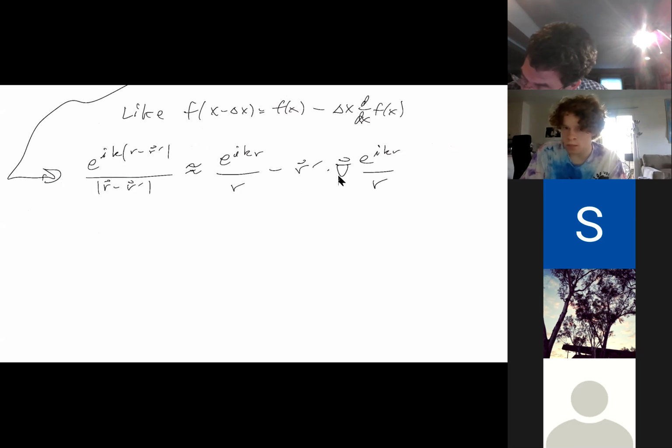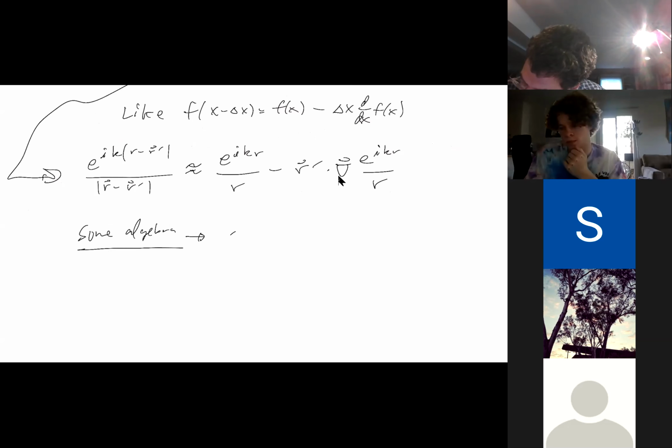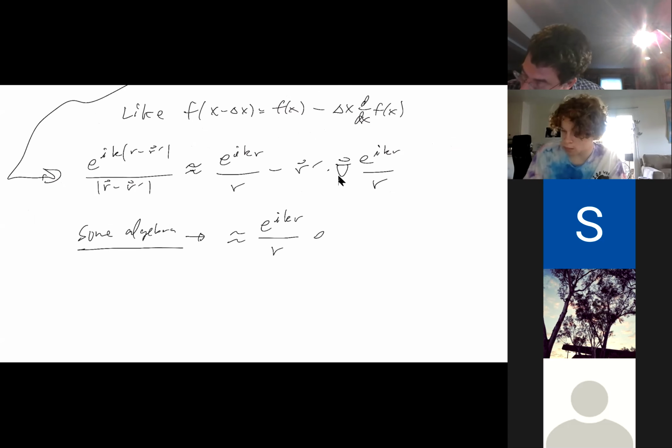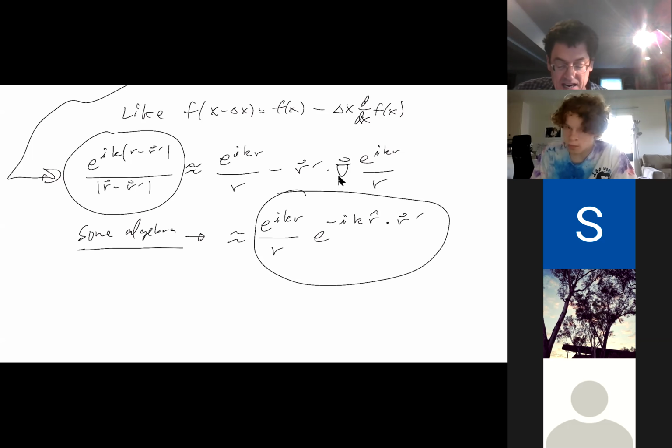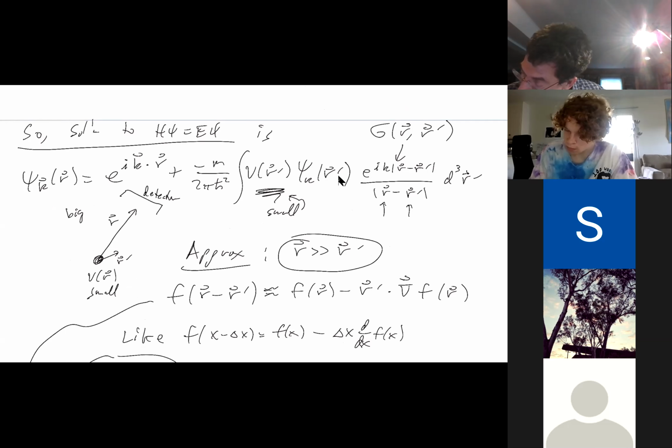Then with a little bit of algebra that I don't have time to show right now, we can show that this is approximately equal to e to the i k r over r times e to the minus i k r hat dot r prime. Basically I can replace this thing with this thing, and that's very significant because now let's plug it in here.